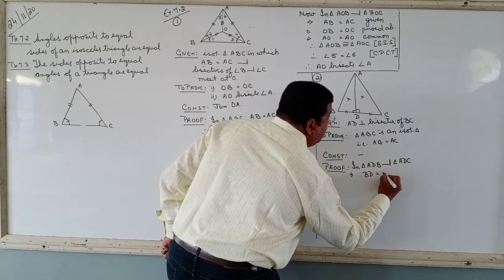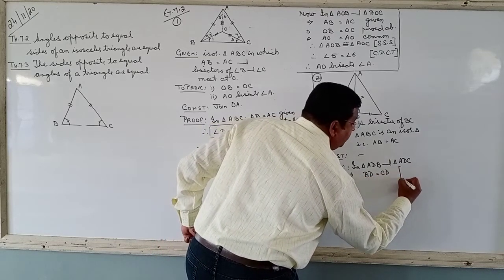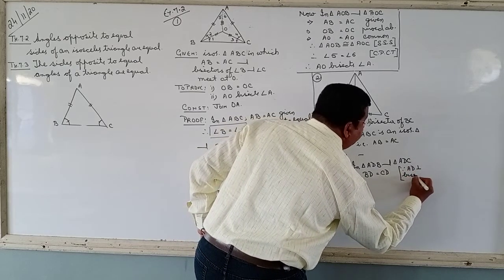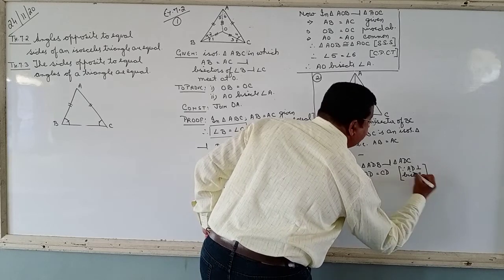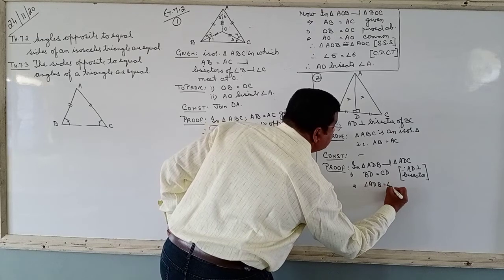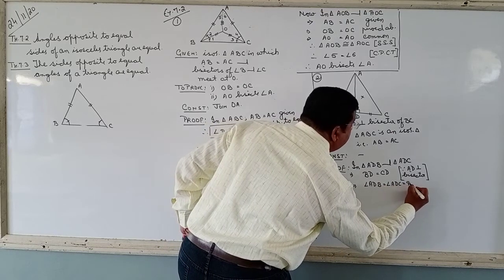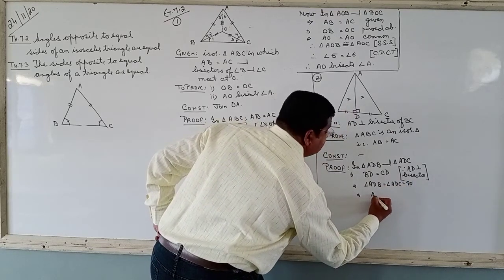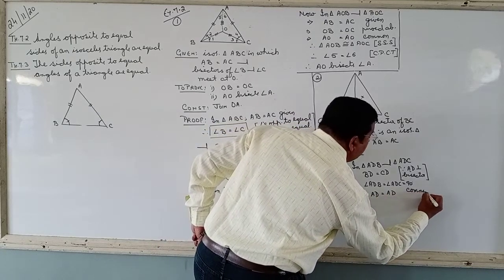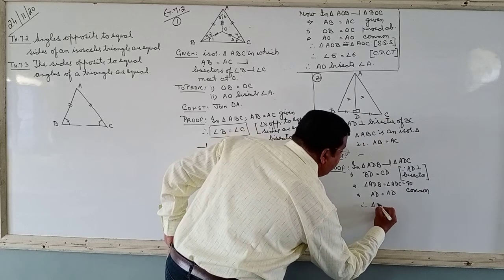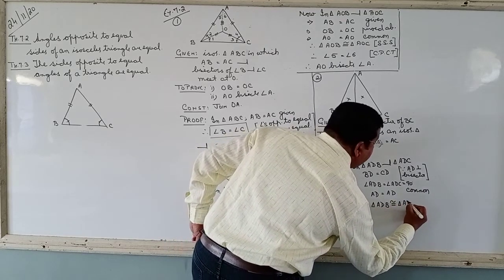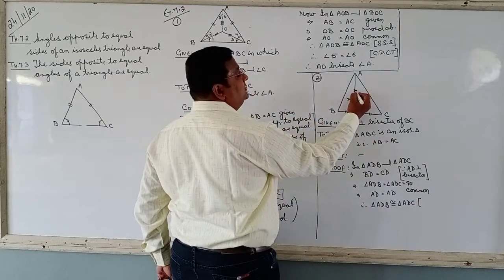BD equals CD because AD is the perpendicular bisector given to us in the question, right? Angle ADB equals angle ADC equals 90 degrees, and side AD equals side AD, that is common. So therefore triangle ADB is congruent to triangle ADC by what congruency?